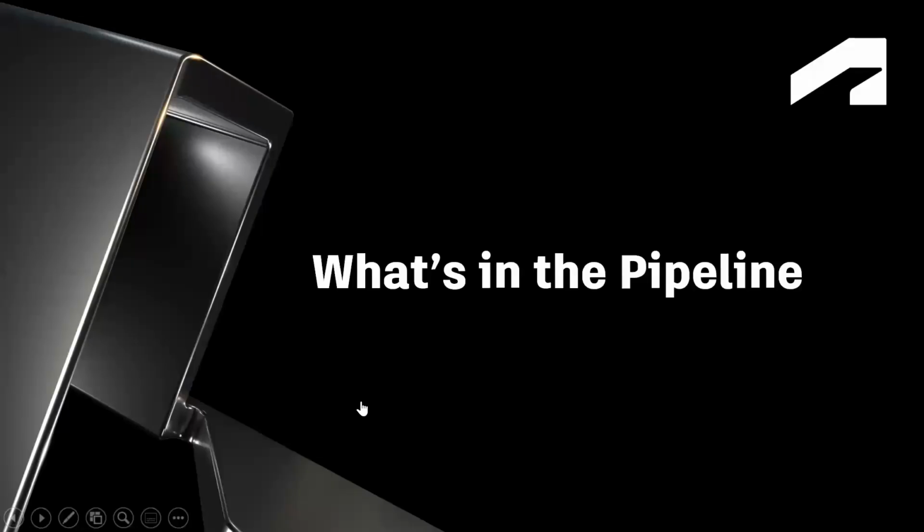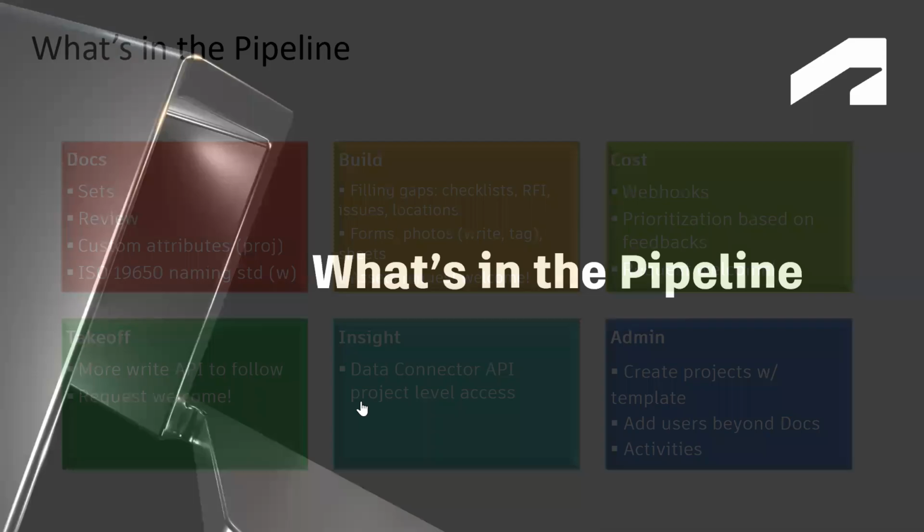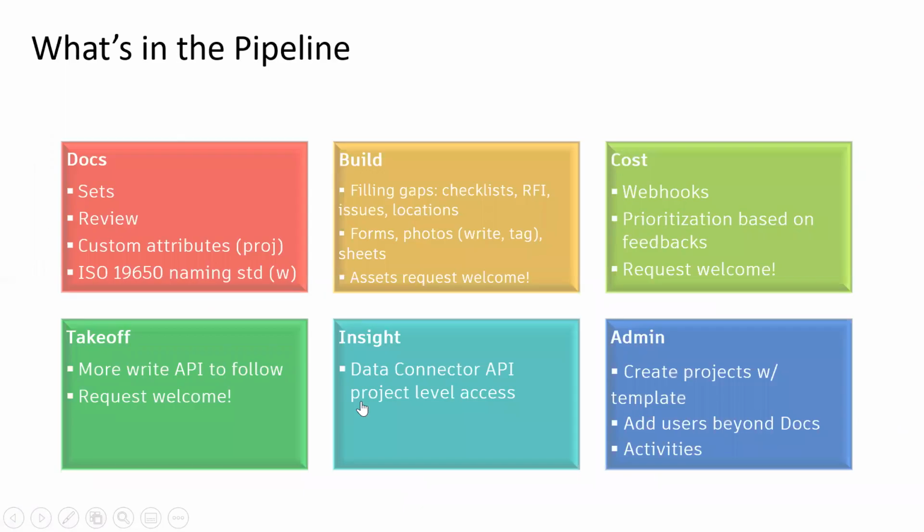So what's in the pipeline? Here I'm summarizing APIs in the pipeline for each module, including a few we already mentioned, those under review, as well as high priority items based on demand and frequency of being requested. For instance, Docs has a few items lined up, including the enhanced custom attribute. And Build has some gaps to fill.